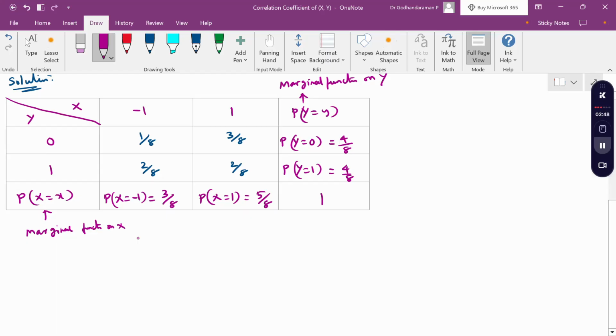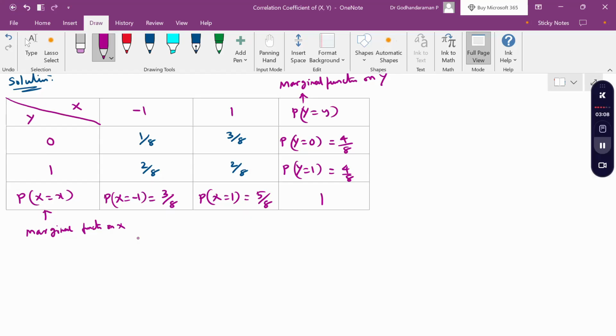Because we want to find the means E of X, E of Y, E of X square, E of Y square, the individual variable means, we calculate the marginal functions. One-dimensional P of Y and P of X are mainly important. This is the only reason to calculate the marginal function of X and of Y.